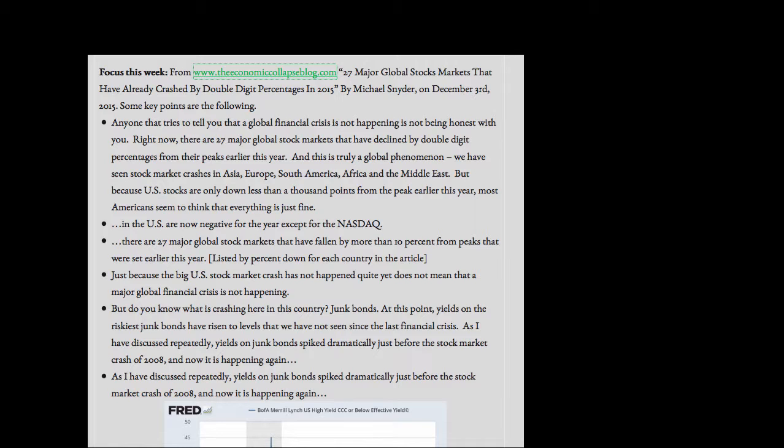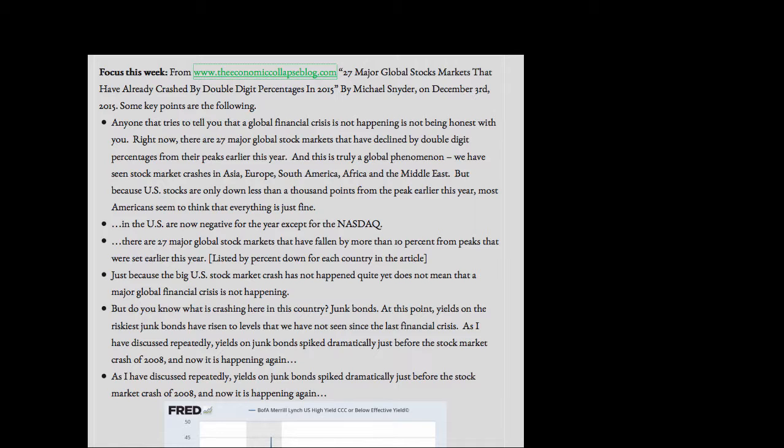U.S. stocks are now negative for the year except for the NASDAQ. There are 27 major global stock markets that have fallen by more than 10% from peaks that were set earlier this year, listed by percent down for each country in the article. Just because the U.S. stock market crash has not happened quite yet does not mean that a major global financial crisis is not happening.